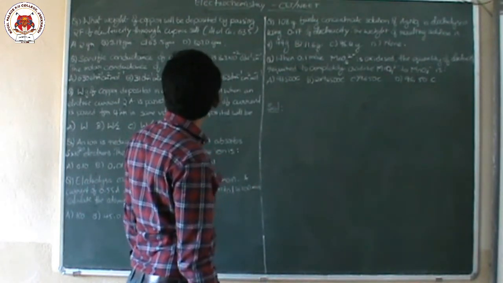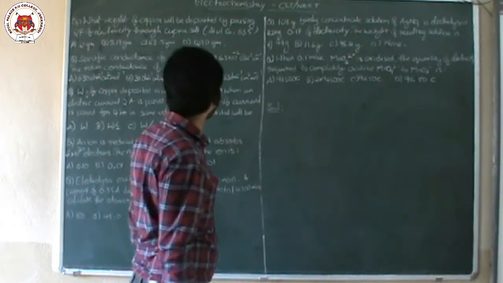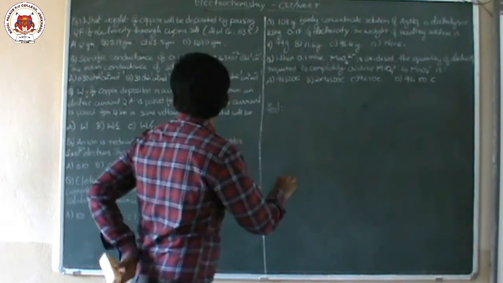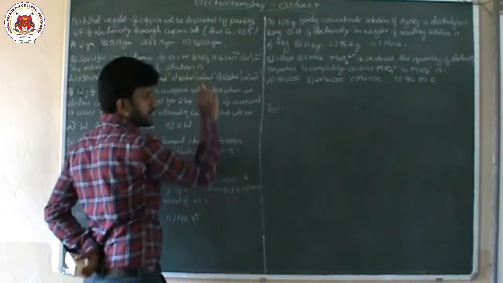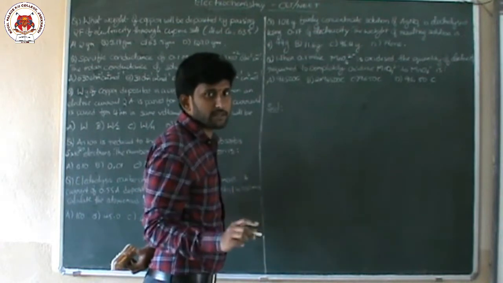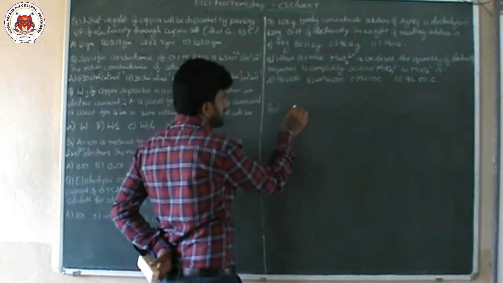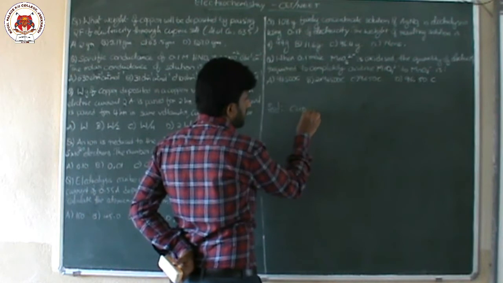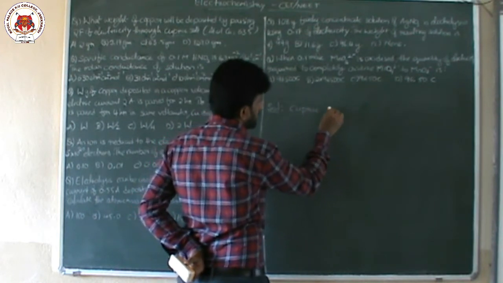Now you know that cuprous means +1, and cupric means +2.